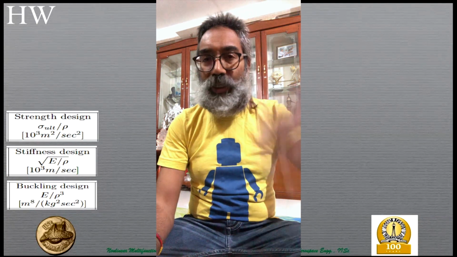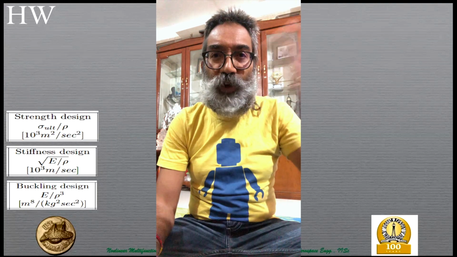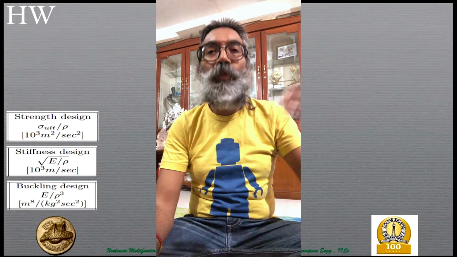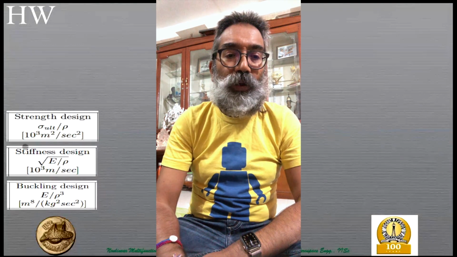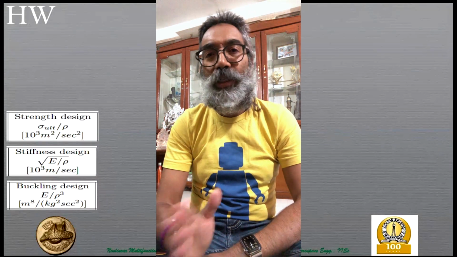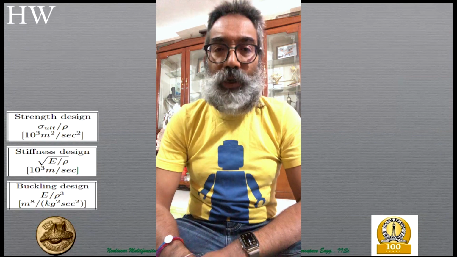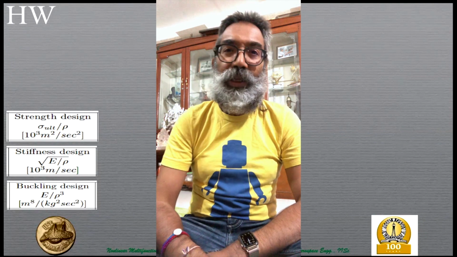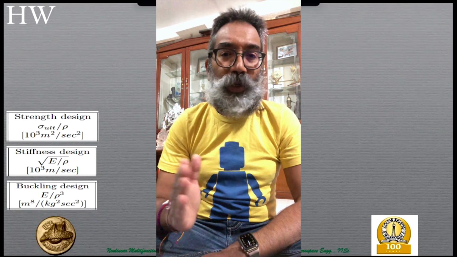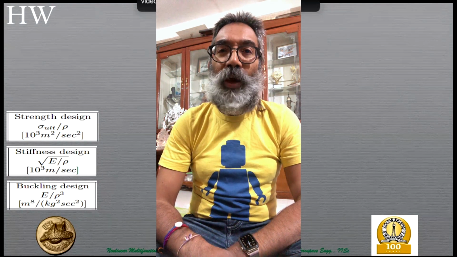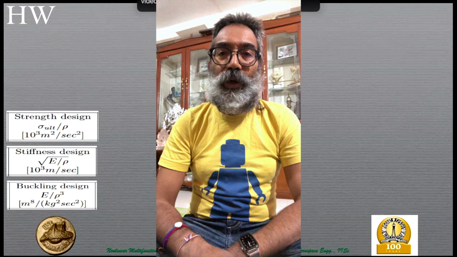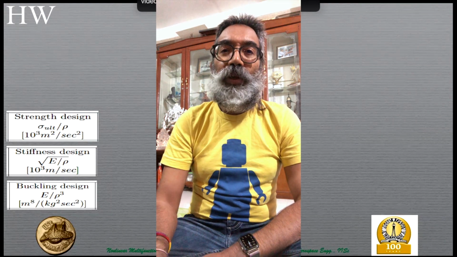The reason why I'm listing out these units is because for a comparative study, you need to keep all of these units consistent, and the factors that you take out, like the 1,000 factor, should be consistent throughout the class. And for each one of you submitting the assignment, this is an individual assignment, not a team assignment. So you would have to individually submit, and then we would see the comparison.